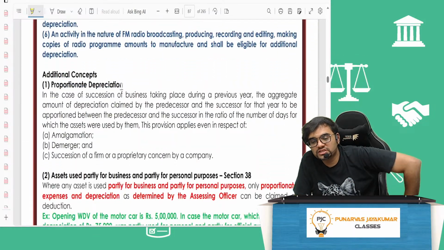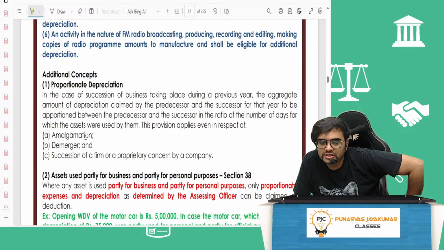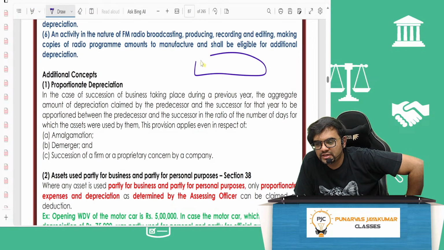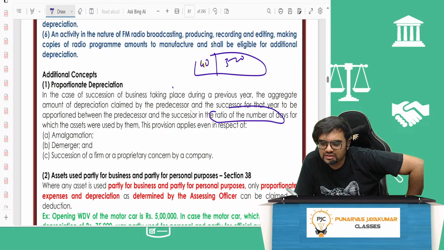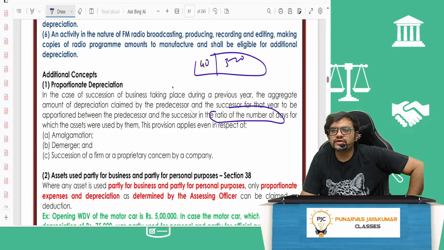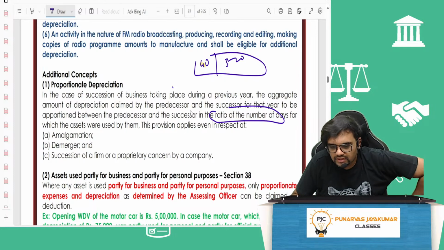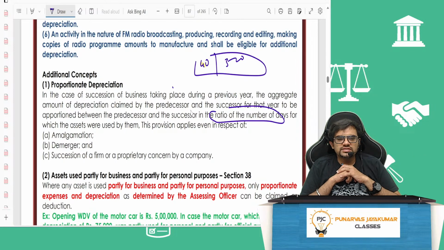Proportionate depreciation. In case of succession of business, amalgamation, demerger, I will compute the aggregate amount of depreciation. If the old company used the asset for 40 days and the new company is using it for 320 days, it will be divided in the ratio of the number of days between the predecessor company and the successor company.